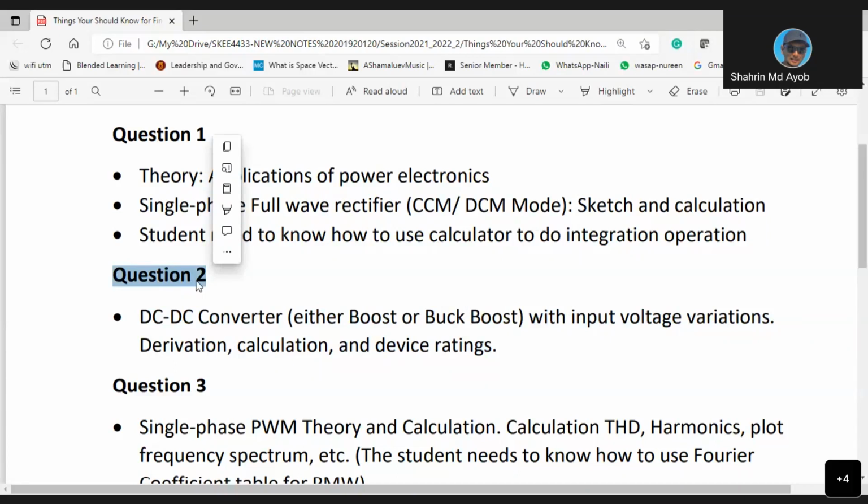And then for your test 2, I haven't started yet. But insyaAllah before your final exam, you will have your total carry marks, which is 50%. But please submit your assignment before 30 of June.